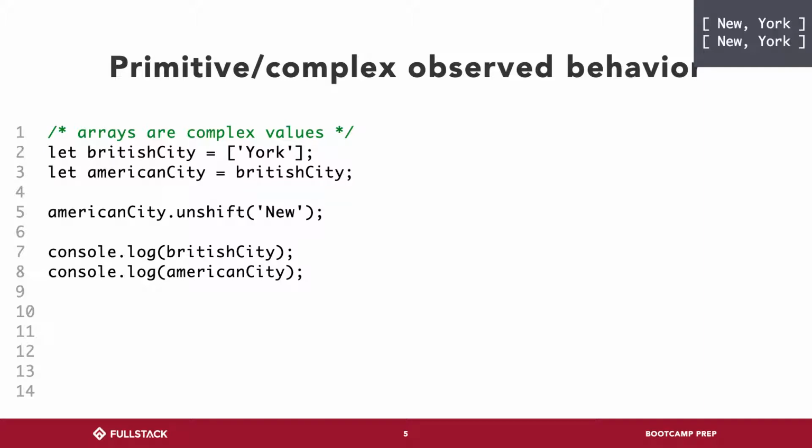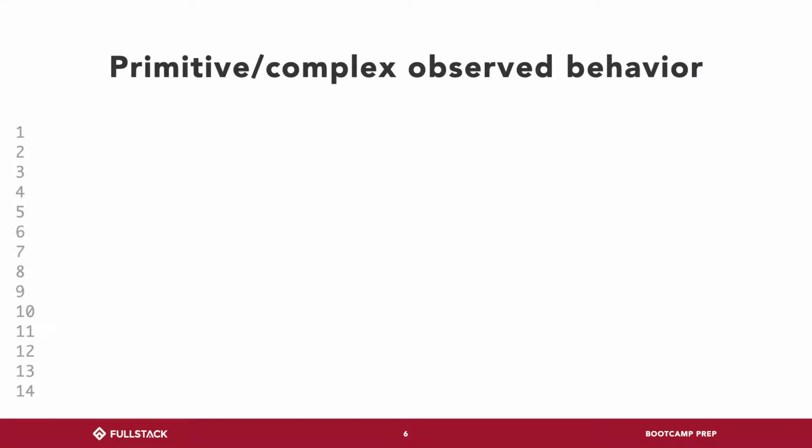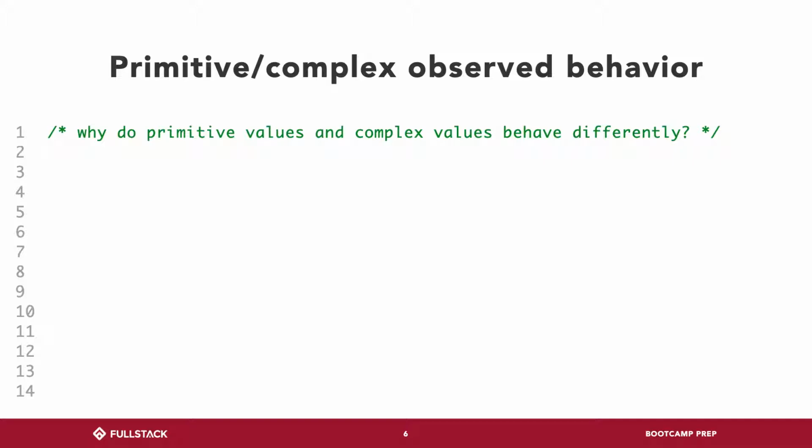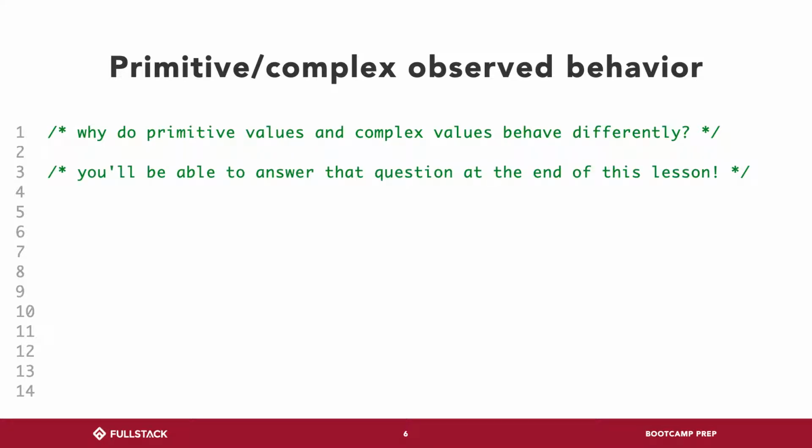The array is being created inside the assignment to British city, so now there's a new array in memory, and American city is just pointing to that same array. That's why unshift, like push and pop and shift, mutates the array. So now British city is also equal to New York, which you don't want, ever, really. So why do primitive values and complex values behave differently? You'll be able to answer that question at the end of this lesson.